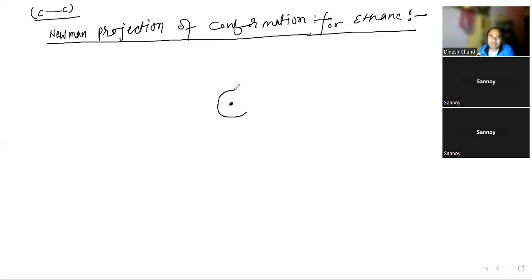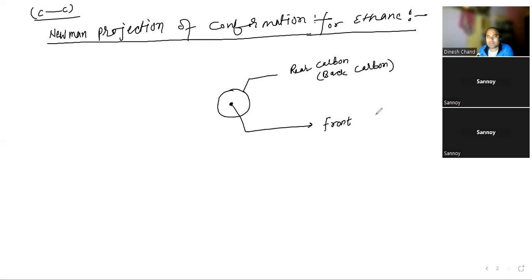The circle is called the rear carbon, in other words the back carbon. The dot represents the front carbon.